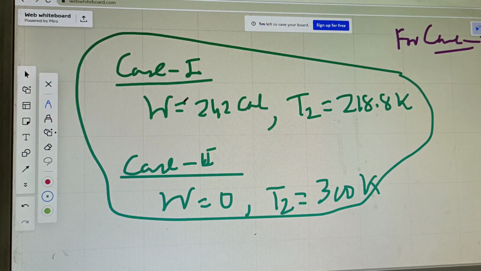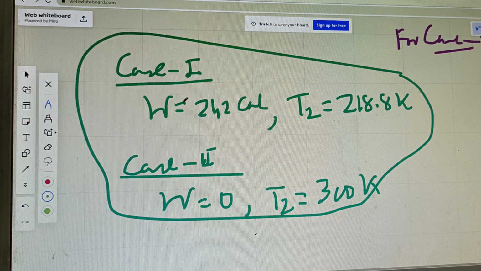This type of problem may be asked in NEET or JEE Main or WBJEE or any other competitive examination. So you have to think about the problem again.